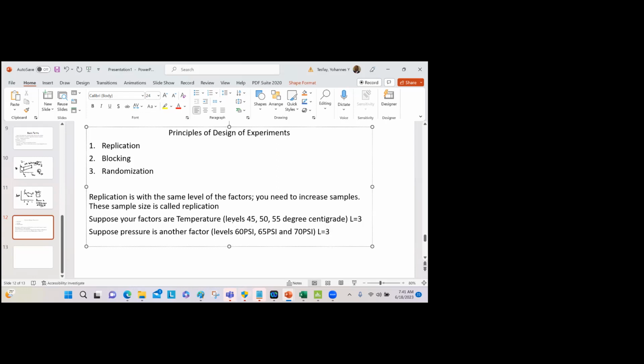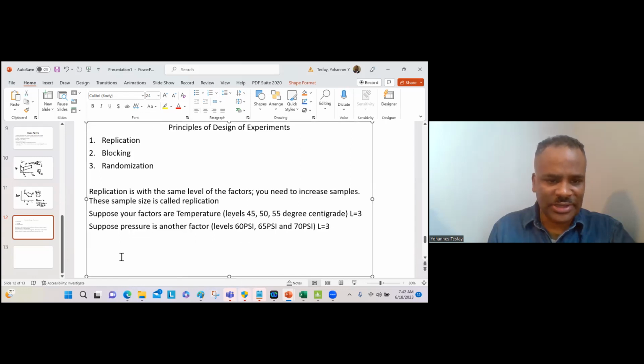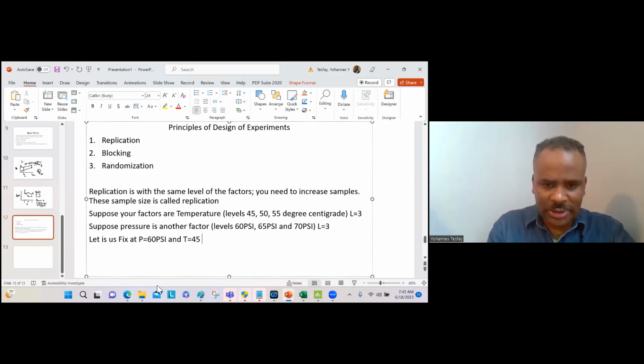Okay, now let us fix pressure equal to 60 psi and temperature equal to 45. Just like that.